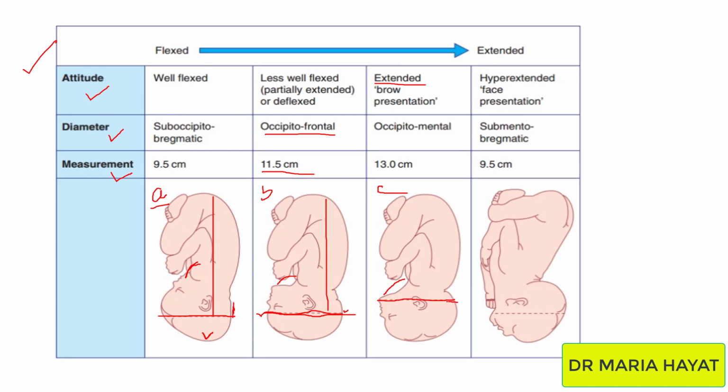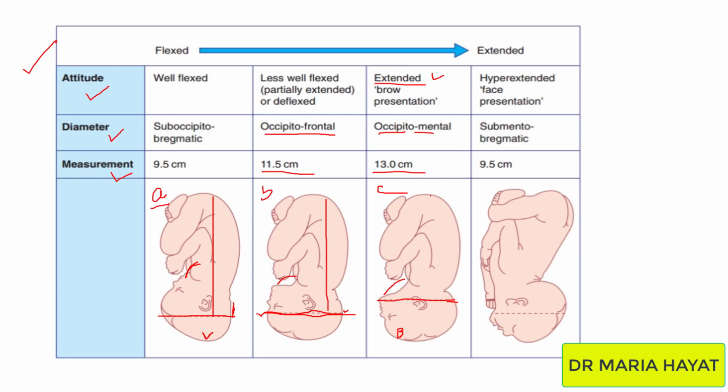From the occiput till the mentum, this part will first engage into the maternal pelvis and the brow will be the presenting part. When you do per vaginal examination, you will feel this part, the brow, first. So in brow presentation, what is the attitude? It is extended. What is the presenting diameter? It is the occipitomental that measures 13 centimeter.